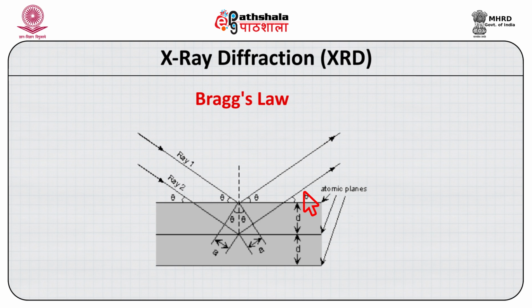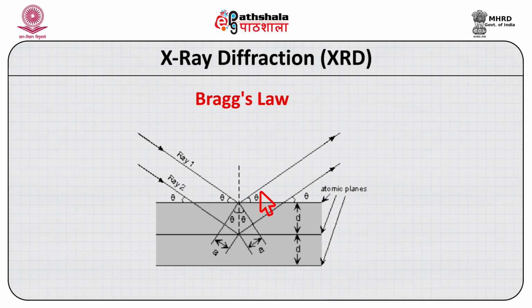Now, for a constructive interference, the relation geometrically needs to be satisfied, where n lambda, where n is an integer, is equal to the distance, that is d.